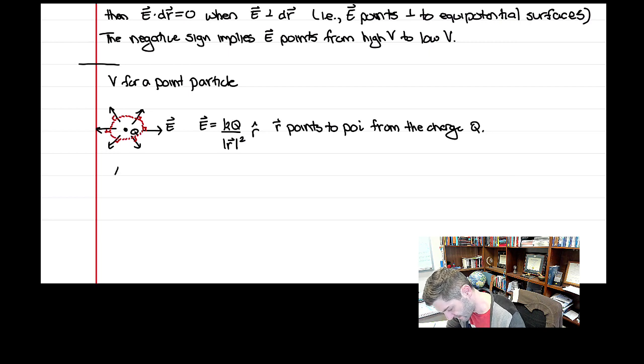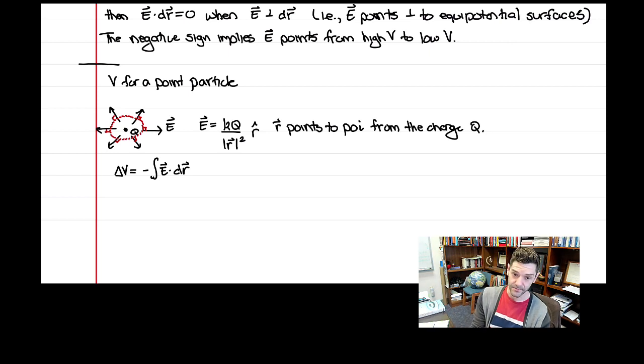So we can define delta V as negative the integral of the electric field over some path from some start point to some end point. And so essentially, if I want to figure out the potential for the point particle, I have to pick a path. And then I'm also going to pick a particular reference point that I'm going to use, where I declare V equals 0.